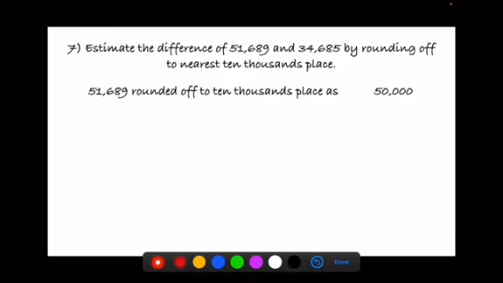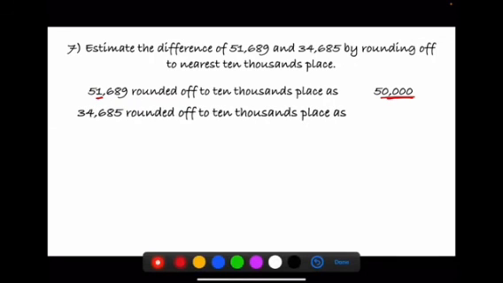Again, we are considering the thousands place, which is less than 5. Hence, I will replace all the 4 digits, units, tens, hundreds and thousands places with zeros, and have the final answer as 50,000.